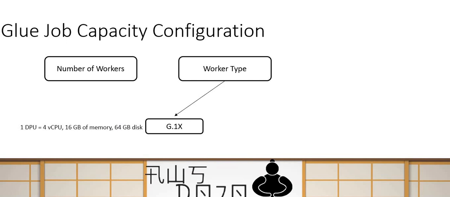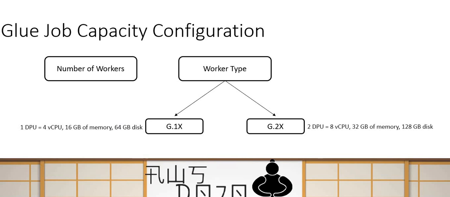If you are using a G.1x type worker, then this one worker gives 1 DPU, and that is equivalent to 4 vCPU, 16 GB of memory and 64 GB of disk space. You can also choose G.2x as the worker type, and in that case it will be 2 DPUs, which means 8 vCPU, 32 GB of memory, and 128 GB of disk space.